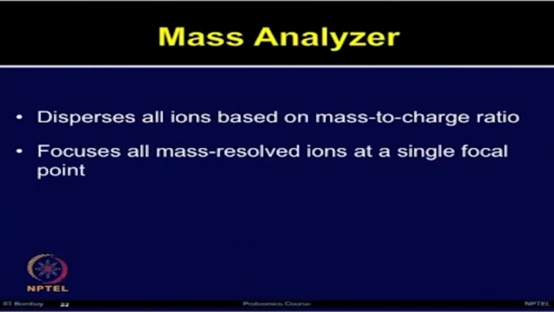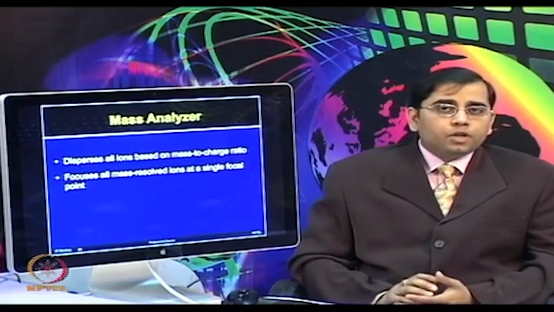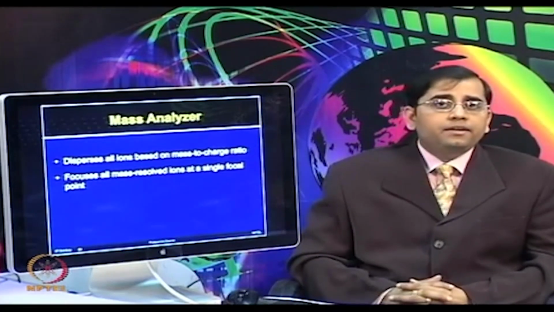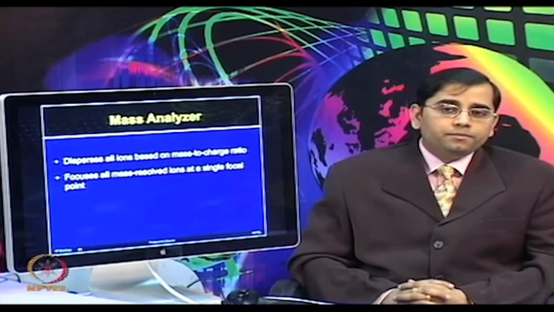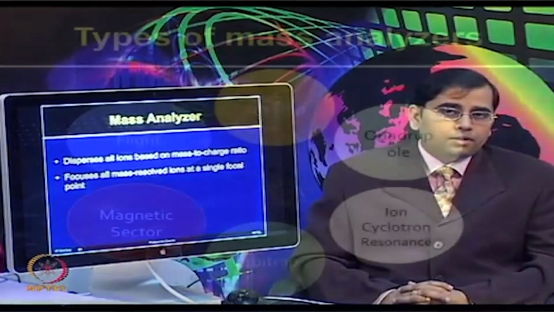First, it disperses all the ions based on their mass to charge or m/z ratio. Second, it focuses all the mass resolved ions at a single focal point, so that it can maximize their transmission.